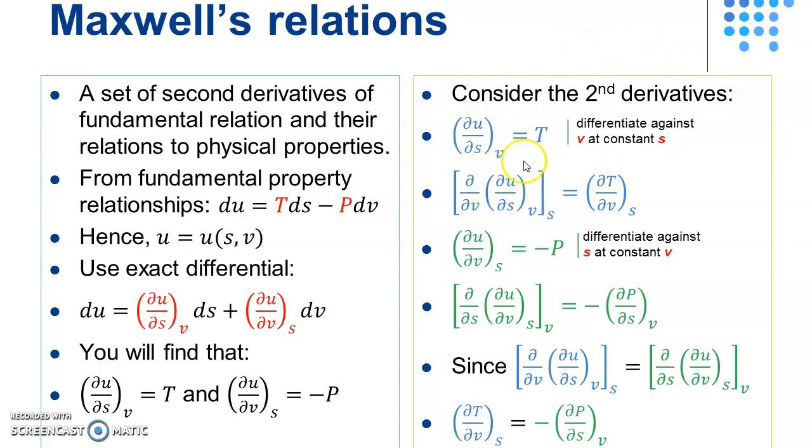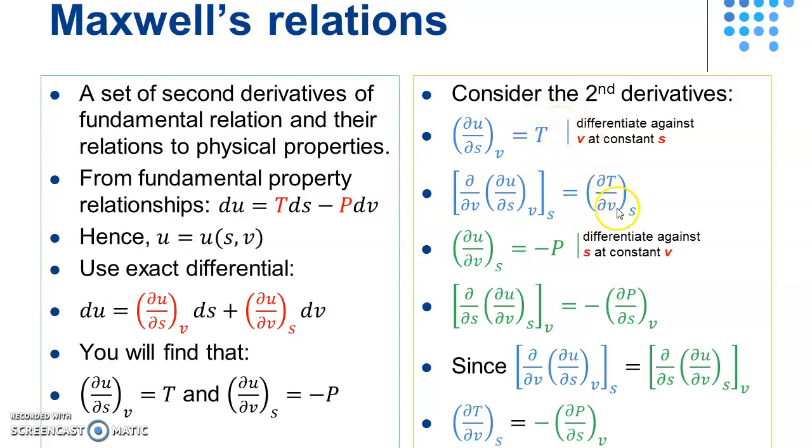I have a second derivative where this is a partial over partial V, alright, because you differentiate against V at constant entropy. Inner part is this, which is your initial partial U over partial S at constant V. What about this term?